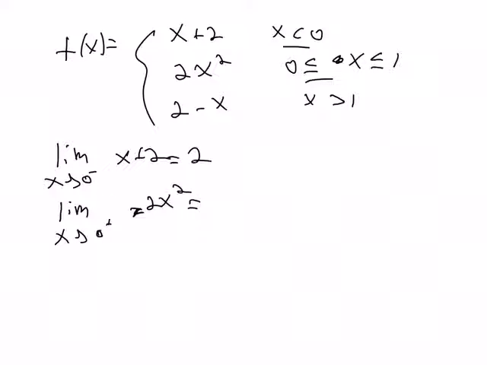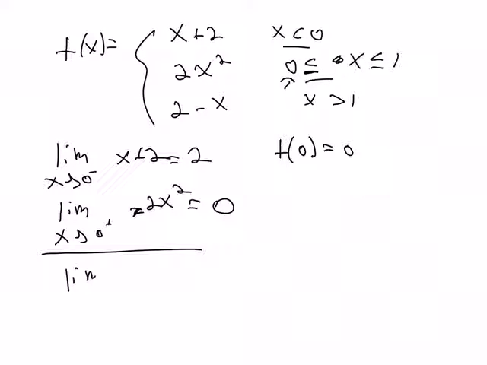And this is going to be 0. And then f of 0 is also going to be 0, because this is for equal.